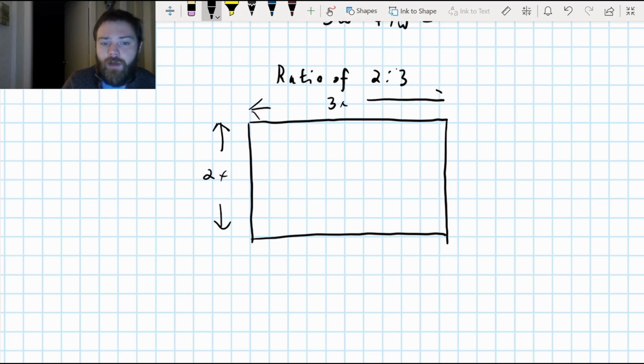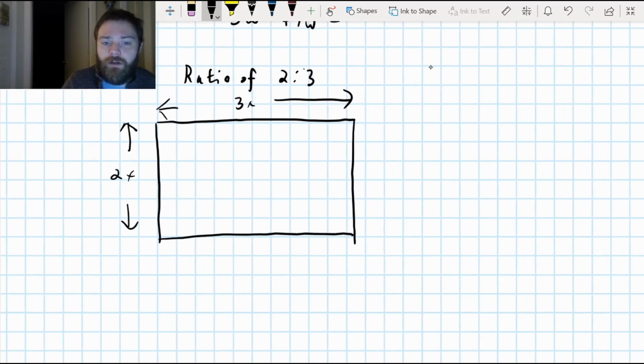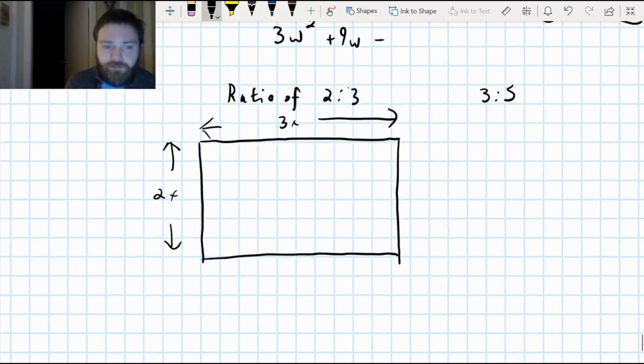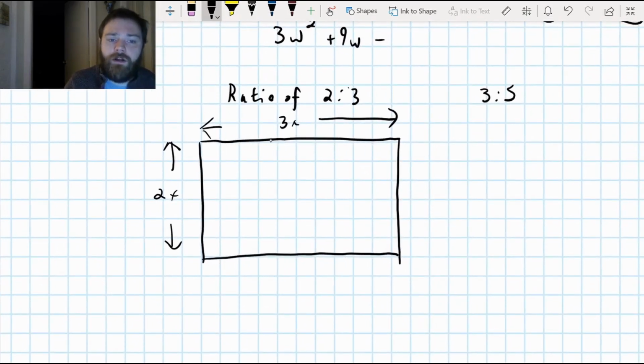So you can imagine, if I had a rectangle with a ratio of 3 to 5, then this side length over here would be 3x, and this side length over here would be 5x. So 3x and then 5x. Hopefully you see what we're talking about here.